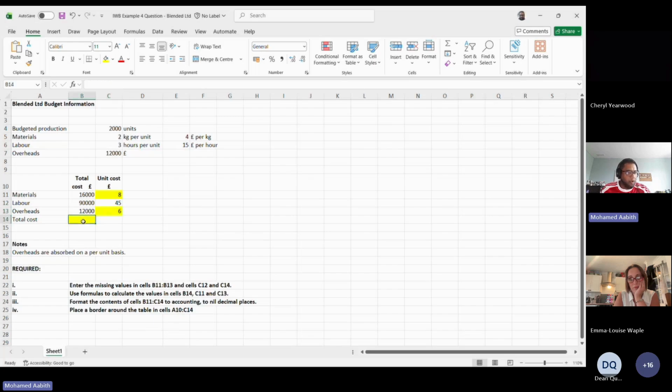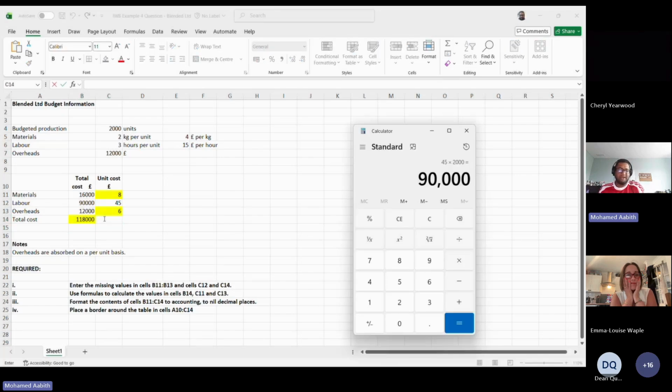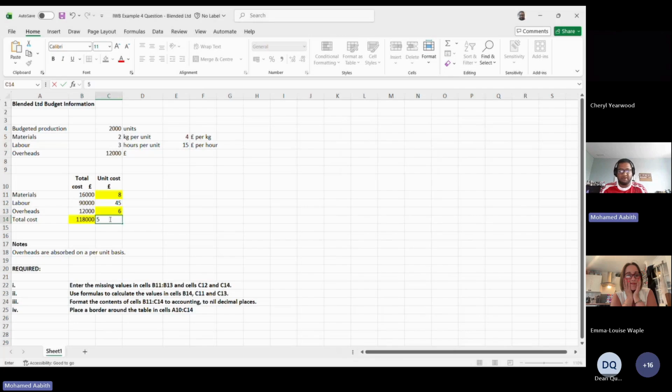Now let's do the formula here for the total cost. This is going to be this plus that plus that. That is your total cost. But here they just want the number. So I can do the formula, but it's okay. Divide by 2,000 units. It's going to give you 59 pounds.